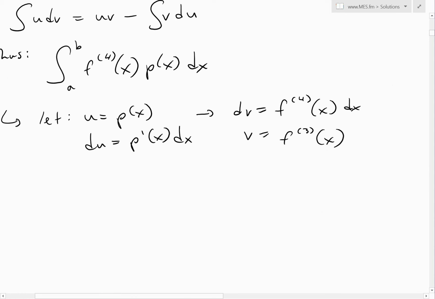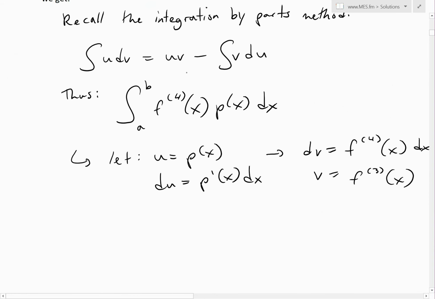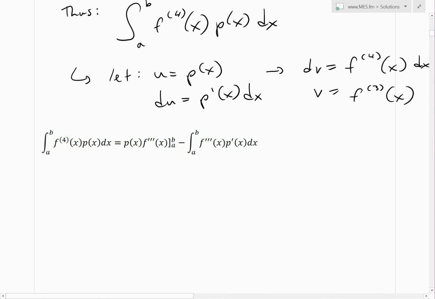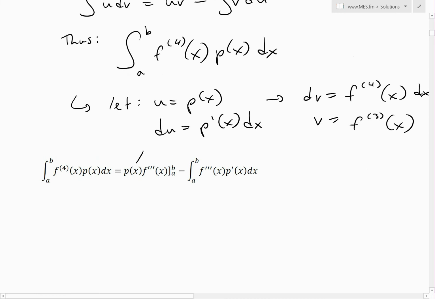And now we can throw this back into the integration by parts formula. And as you can see, what we get is something like this. The integral from a to b of f 4th derivative of x times p of x dx equals now p of x, this is our u, this is our v right here, that's our f of 3 of x. And again, this v goes here, and this becomes our du right there. And again, now we're doing the integral from a to b.